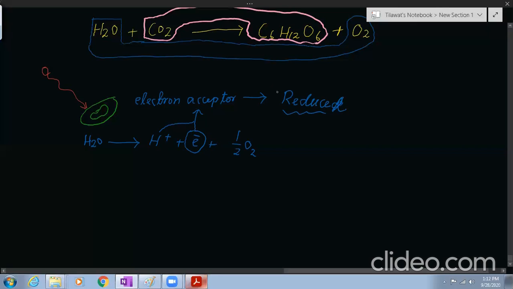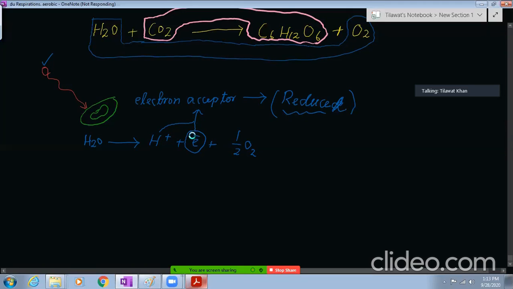So he found that the conversion of water into oxygen happens in the presence of light, chloroplast and an electron acceptor, and that the electron acceptor is reduced. At that time, he used iron as the electron acceptor, and he found that iron is reduced by accepting hydrogen plus electron.